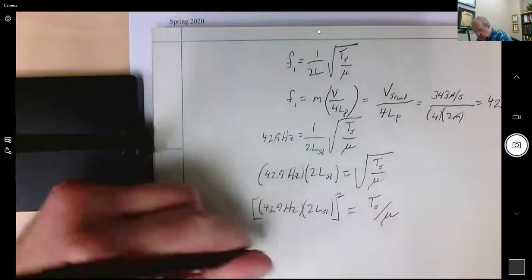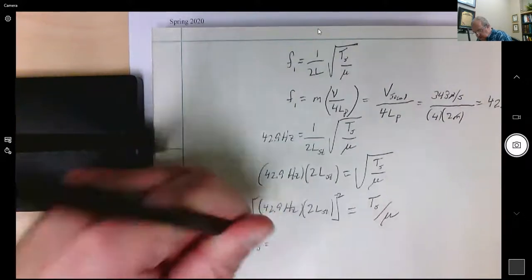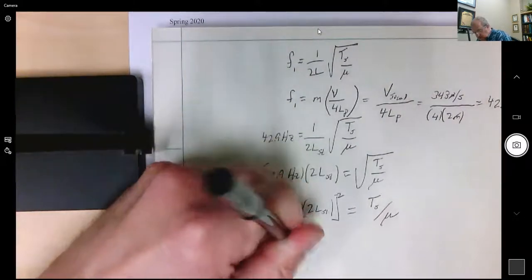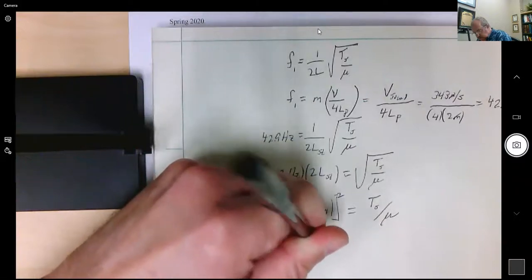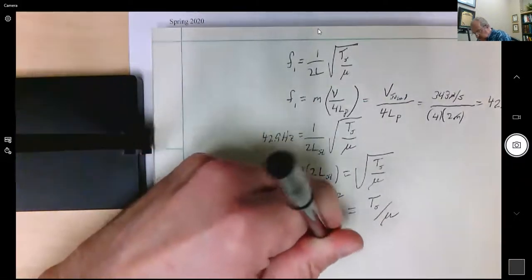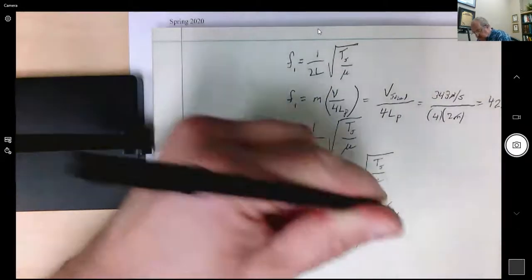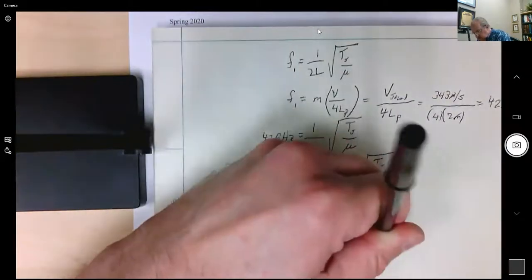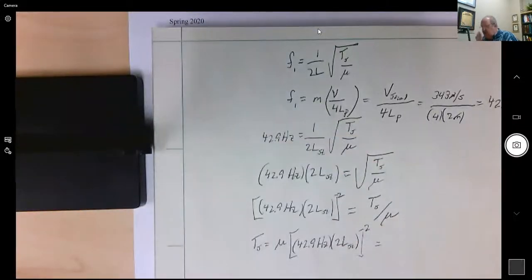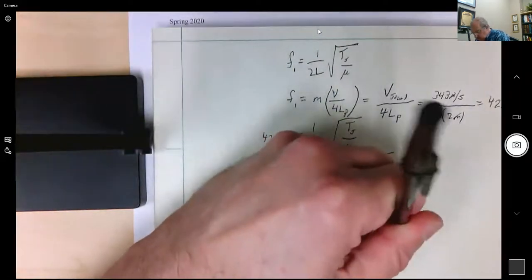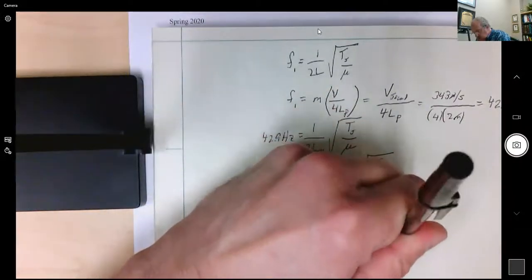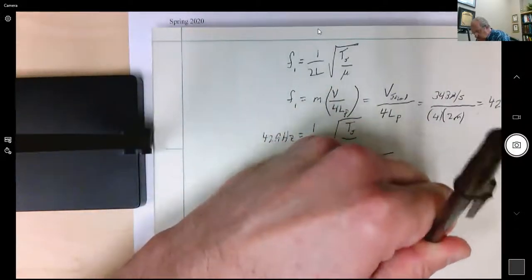I just have the tension of the string is equal to mu times 42.9 hertz times 2 times the length of the string, quantity squared. Mu is linear density, and that's given in grams per centimeter, so I have to convert that from 1.5 grams per centimeter.